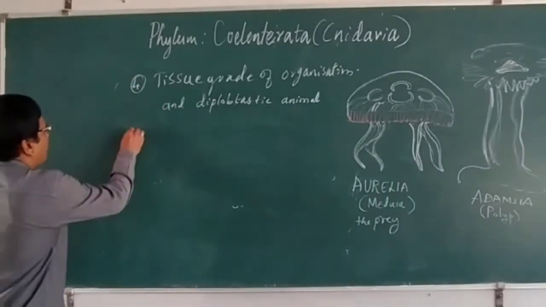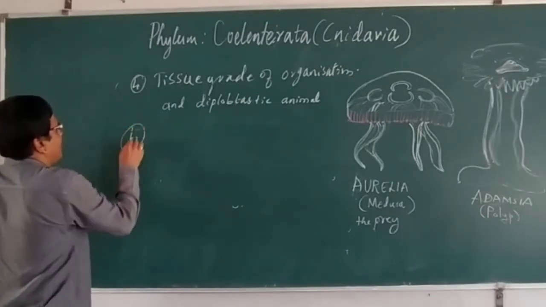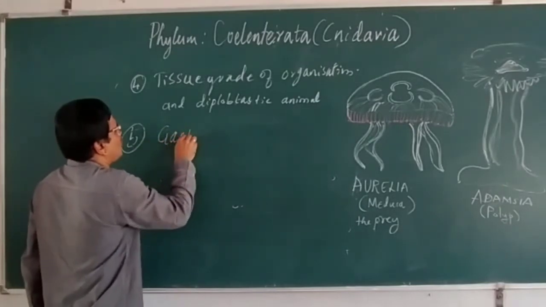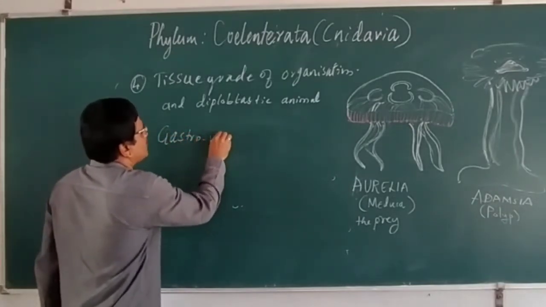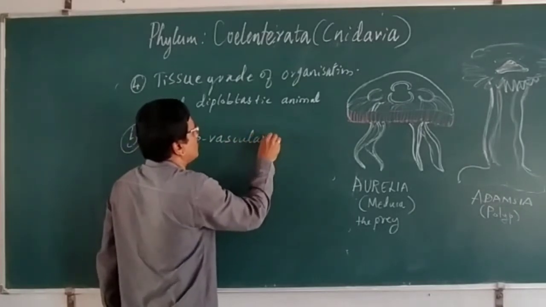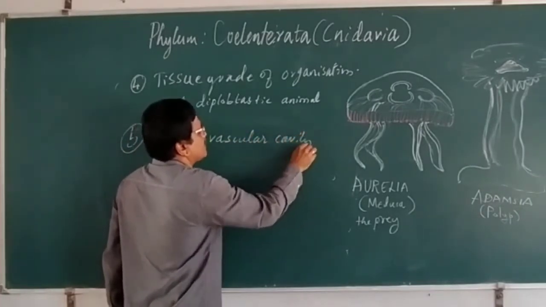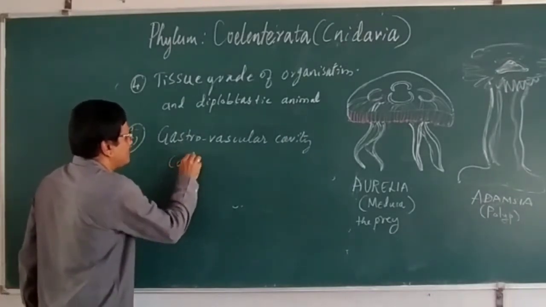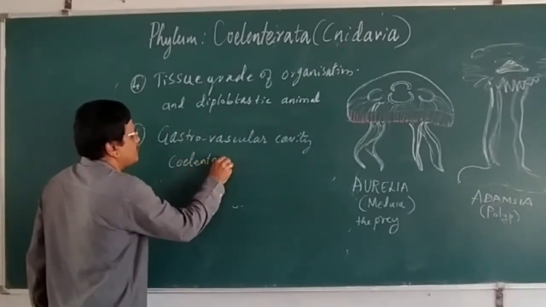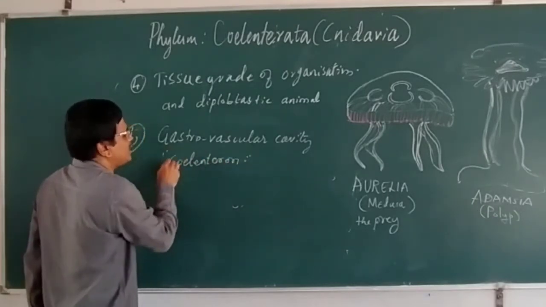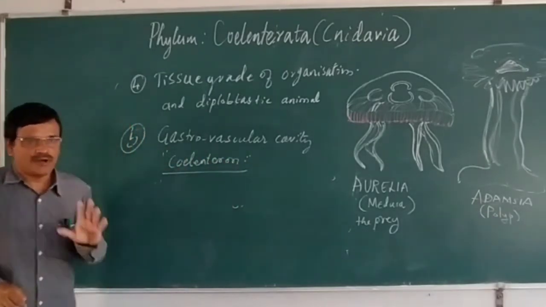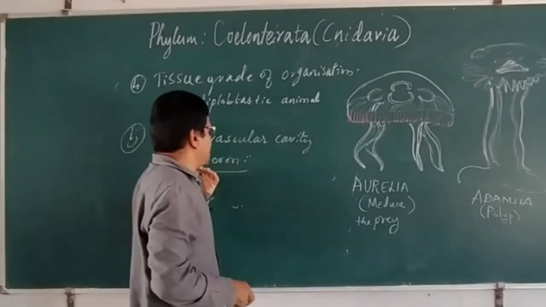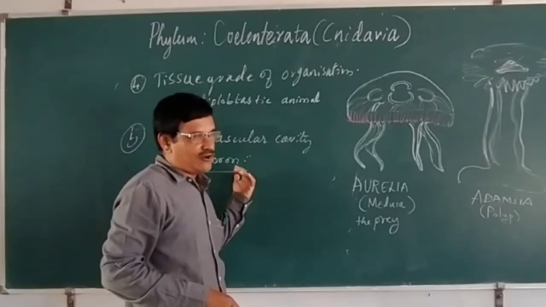Then, the body of the coelenterate has a central cavity known as the gastrovascular cavity, or coelenteron.